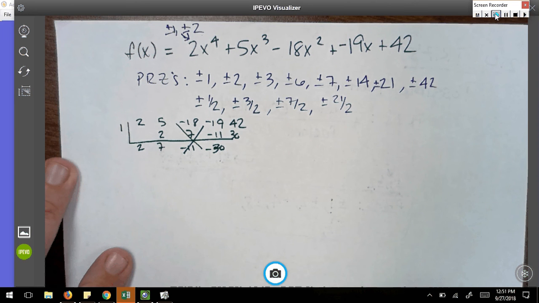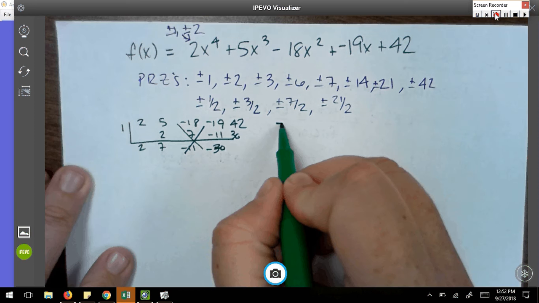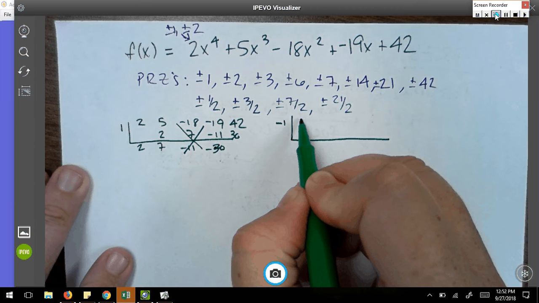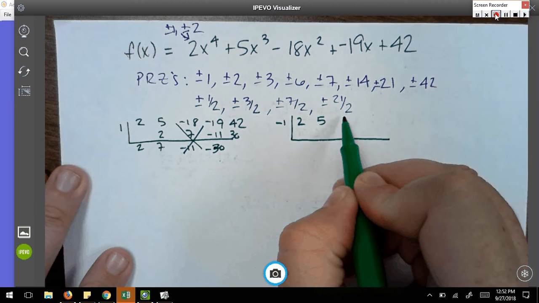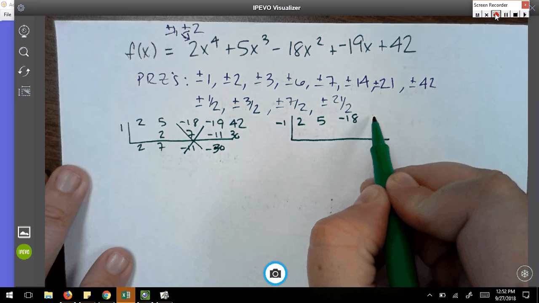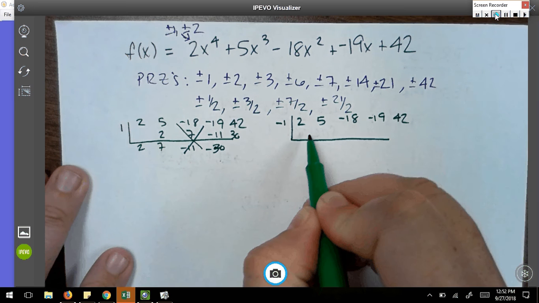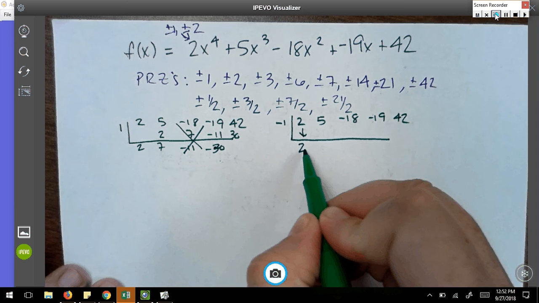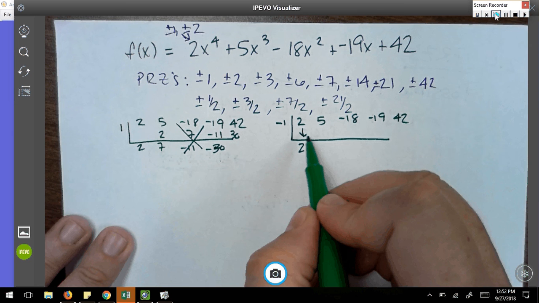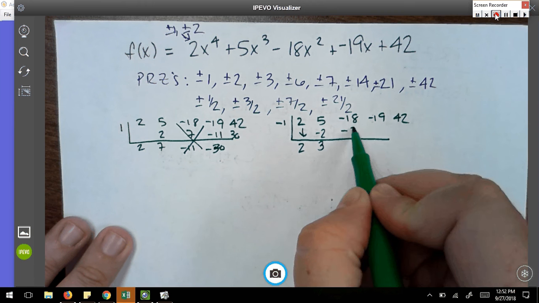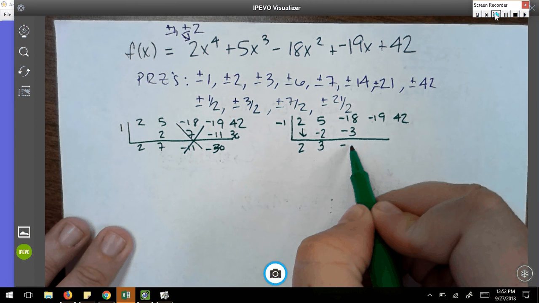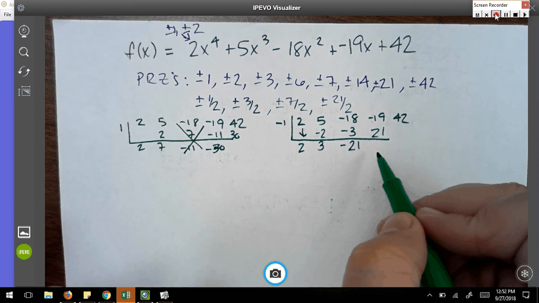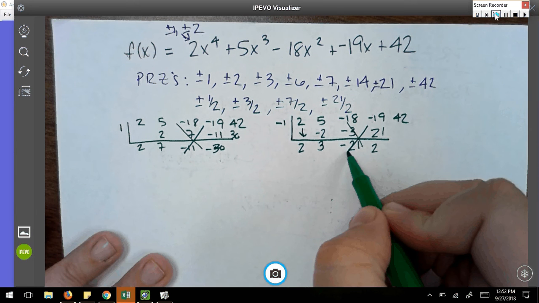I'm just looking for one that is 0. Negative 1. I kind of know where this is going, so that's why I'm running through these a little fast. If you want to jump ahead of me and try some, feel free. First one to find it, tell me what you got.